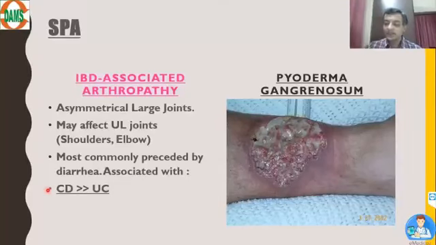Please note, last year's note may be different. This is what we want to know. So if pyoderma gangrenosum is there in a patient with asymmetrical involvement, upper limb involvement, and history of diarrhea, you will think of IBD associated arthropathy.